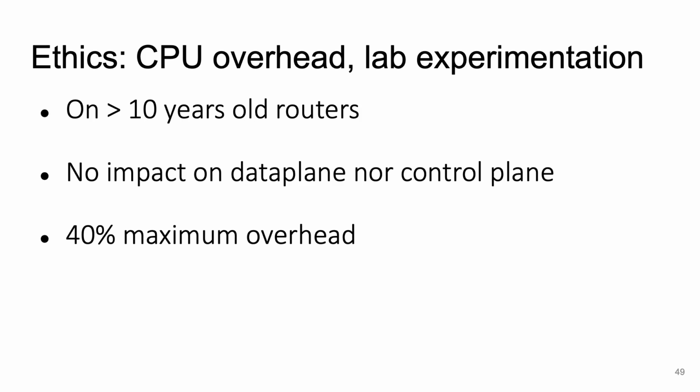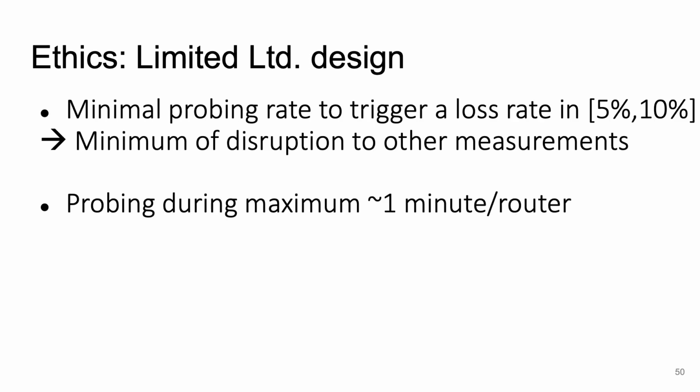And we had a CPU overhead of maximum 40% during 1 or 2 minute measurements. In the end, we have designed the LIMITED algorithm to trigger a minimum of disruption for other measurements, meaning that we trigger a very low loss rate in the target interface, so that other measurements could still reach the router with a very high probability.